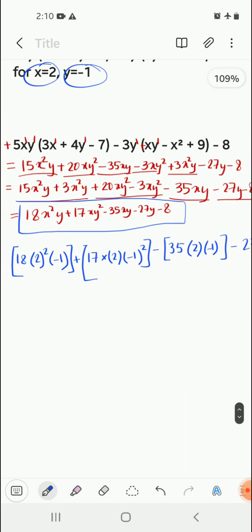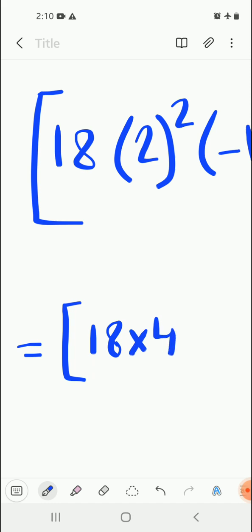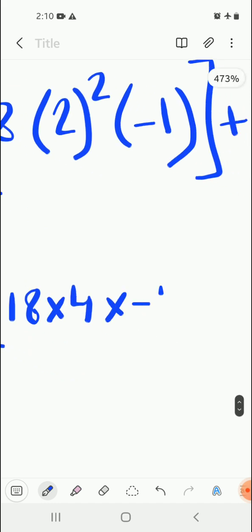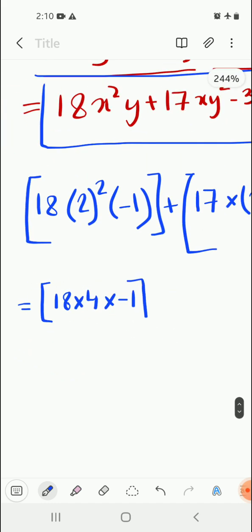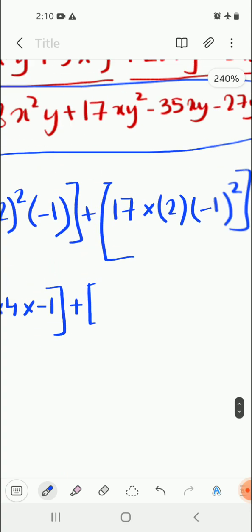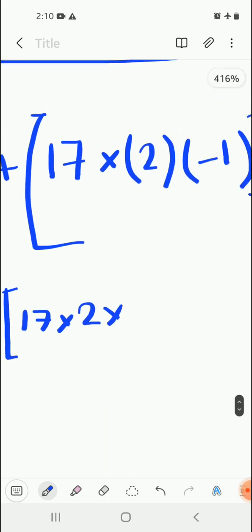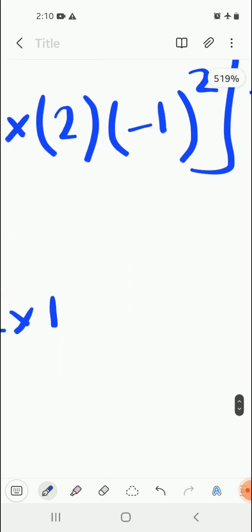So this is done. Now we are going to calculate it simply. So 18, 2 square is 4, and into minus 1. Next, plus we are going to write 17 into 2 into minus 1 square, which becomes only 1.